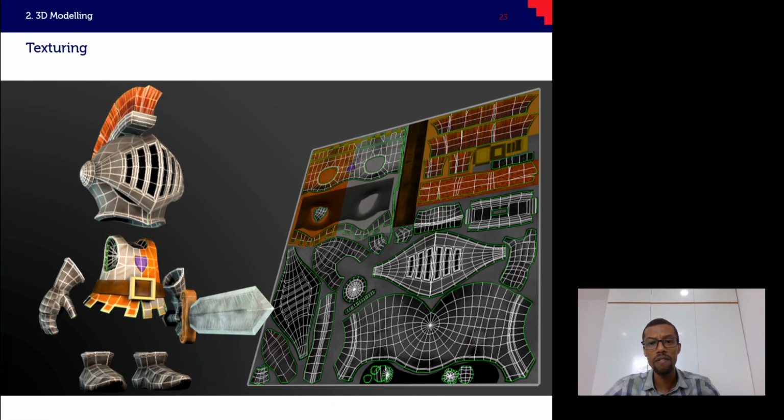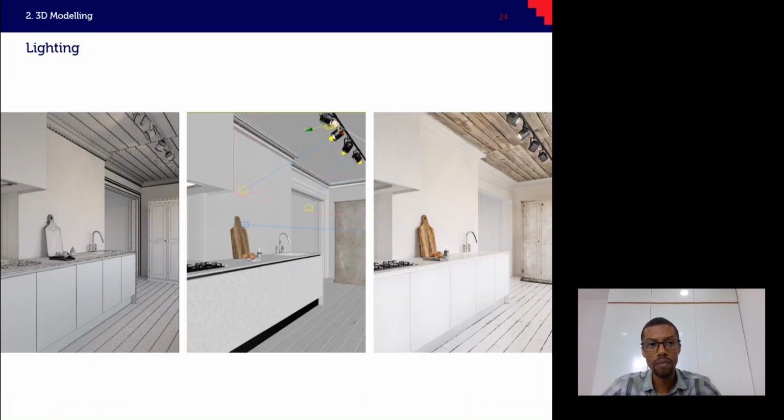We have UV mapping, which is the ability of setting up how those 2D textures are going to conform to your 3D object, and it is called UV. UV is the coordinate system that defines how the 2D map is going to be wrapped around the 3D model. Then, of course, we have lighting.